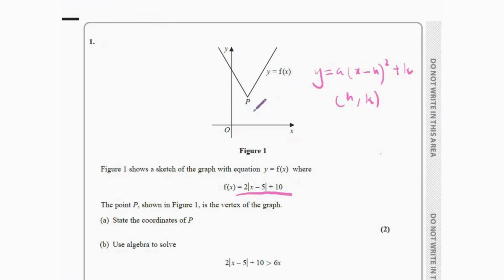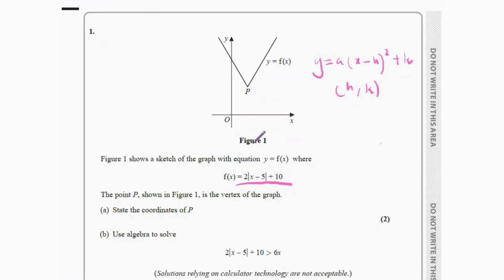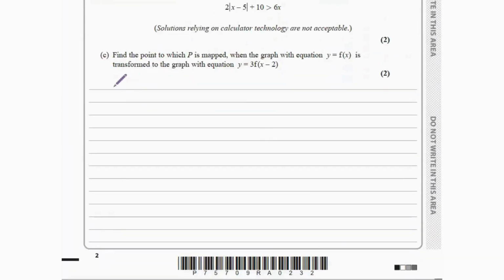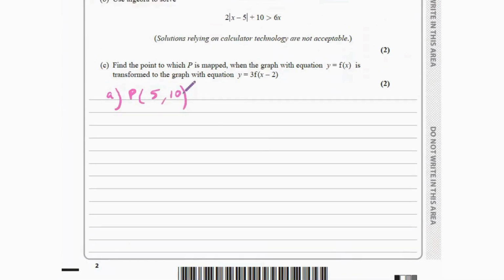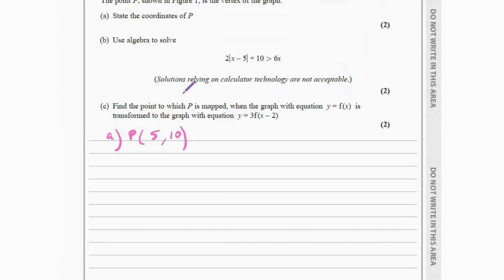So over here, h is 5 and k is 10. So that's your coordinate of P: 5, 10.